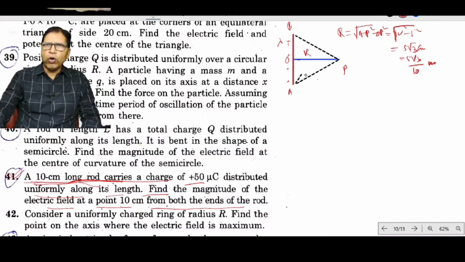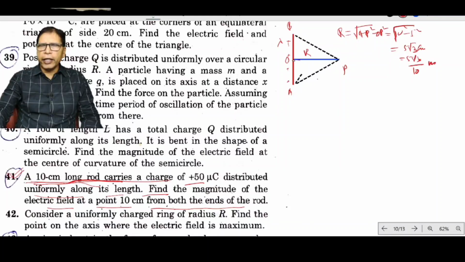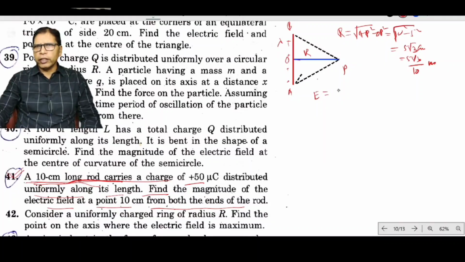Okay, we know for uniform linear density of charge of the rod, the intensity at the point P equals K lambda by R into sine theta 1 plus sine theta 2. Okay, no problem.